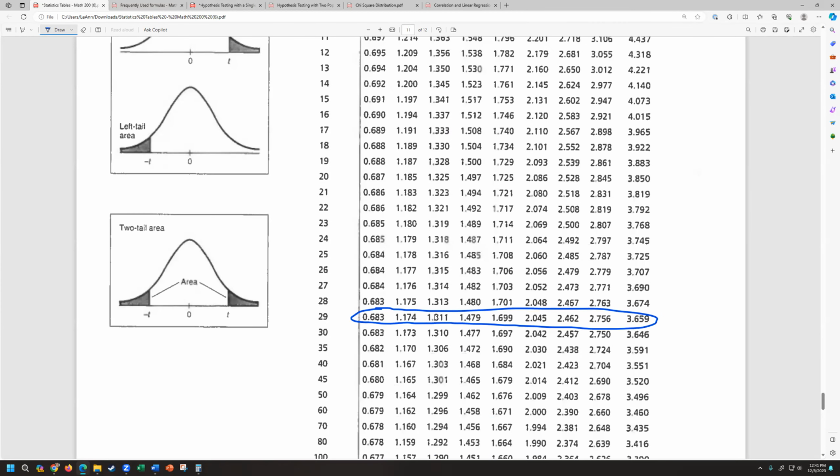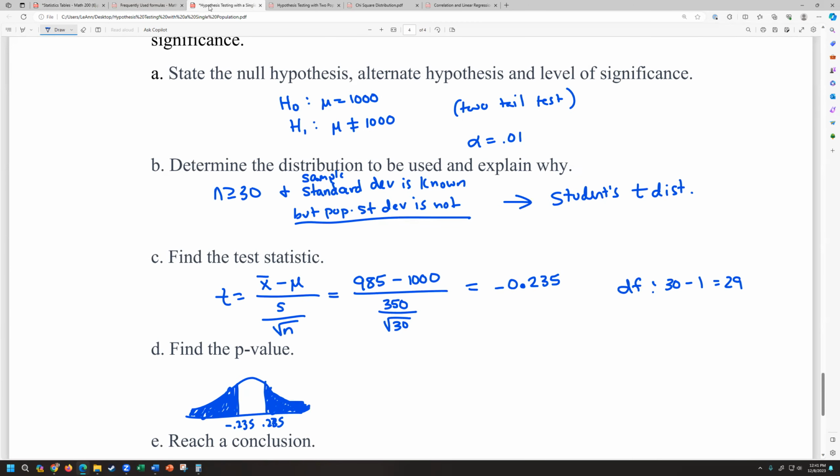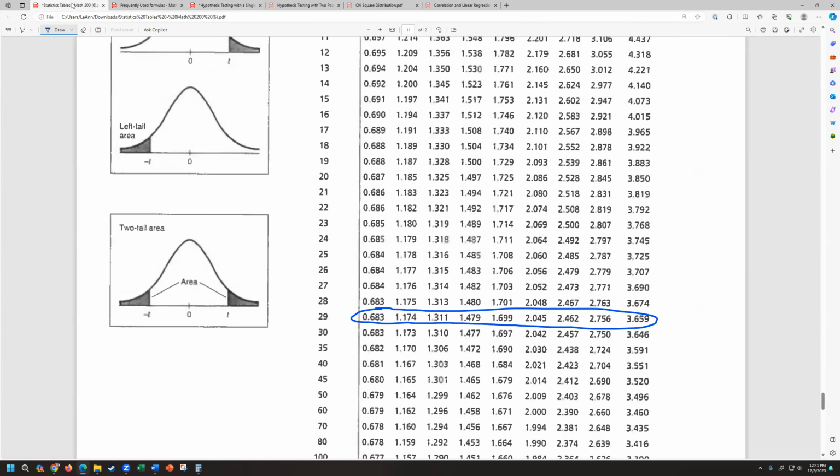And then we locate down here where our test statistic is. Now, remember, these are getting bigger as we go from left to right, whereas the percentages are getting smaller from left to right. So when we look at this, this is 0.23 or 0.24 if you want to round it, but it's 0.23. That is not even on the table. So 0.235, because remember the positive and negative, they're going to be equally spaced on each side.